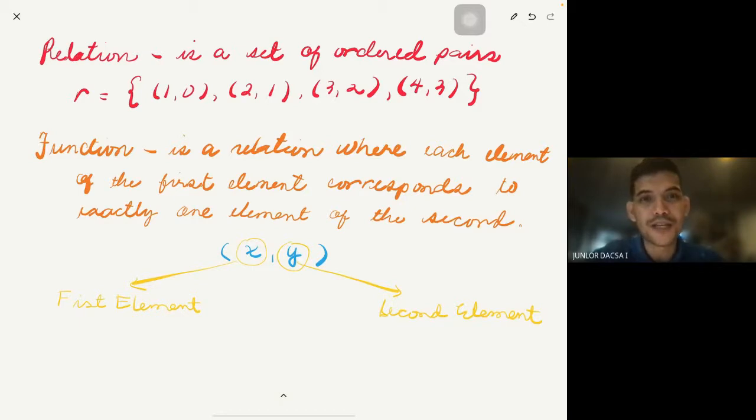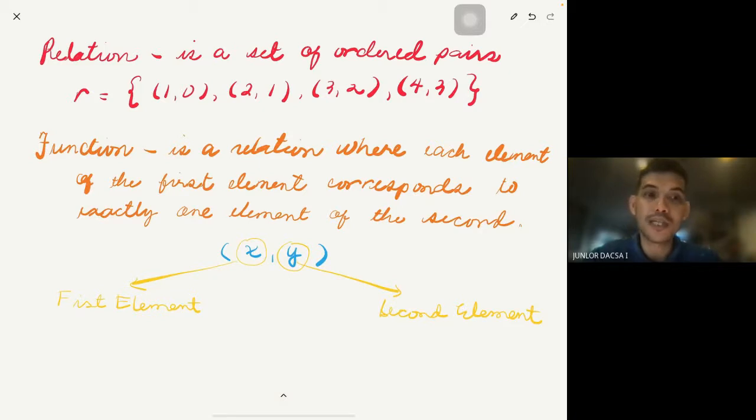Okay? So let's start with the definition of relation and function. So when we say relation, it is a set of ordered pairs. So let us say, example, the relation R is the set of (1, 0), (2, 1), (3, 2), and (4, 3). So that is an example of relation because it is composed of a set of ordered pairs.